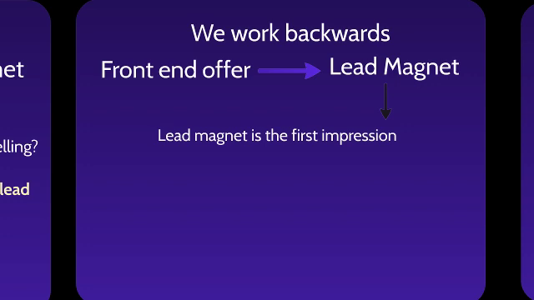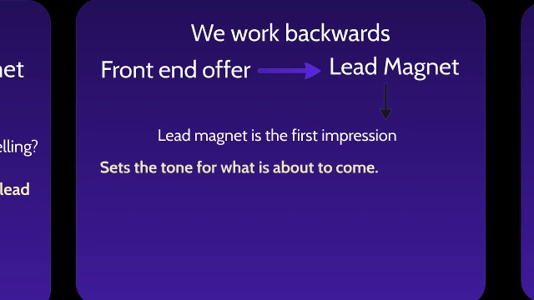If somebody downloads the lead magnet, they are put into a very specific mindset, and they have a very specific expectation. If that expectation is not fulfilled via the front end offer and the one-time offers and things like that, you'll cause issue and confusion, and we don't want that, because you're not really going to get anybody to be interested in your product or service or whatever you're trying to sell.